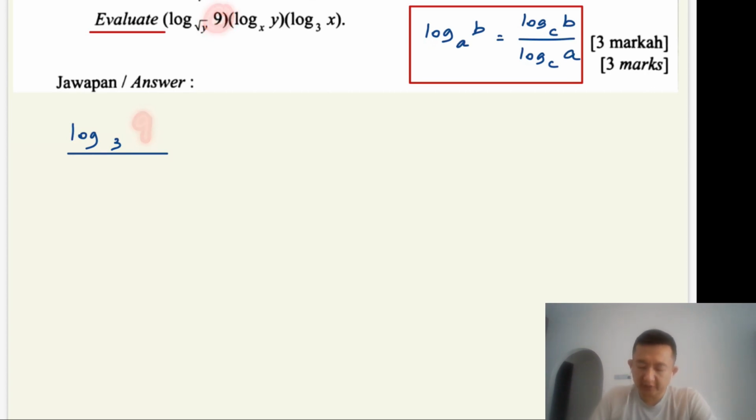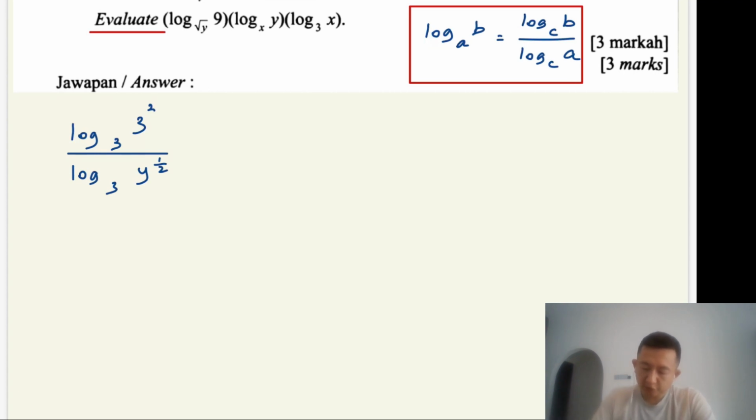So instead of putting a 9 here, we put a 3 squared. Then the next one, square root y. So log base 3 of y. Do I leave it as square root? No. Change it to index form. Square root will be power of 1 over 2.